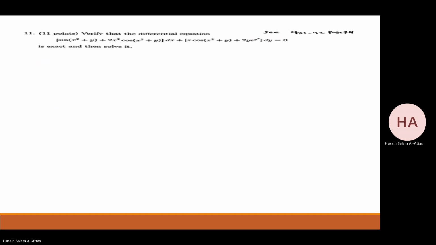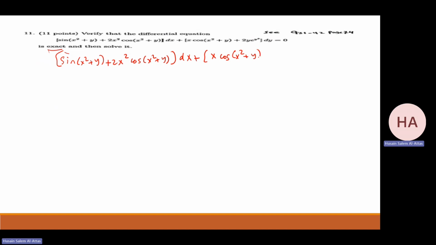Okay, verify that the differential equation is exact, and then solve it, since it's a written exam. Yeah. So I need to check partial m, partial y. Let me write the equation, but it's not clear. Sine of x squared plus y plus 2x squared cosine of x squared plus y, all of this times dx, plus x cosine of x squared plus y plus 2y dy equals 0.